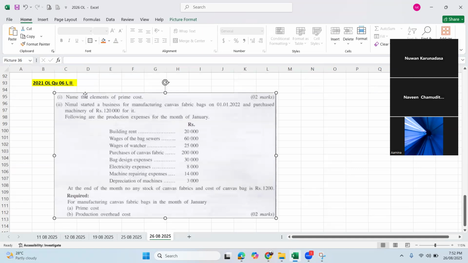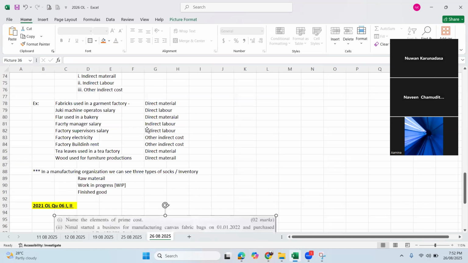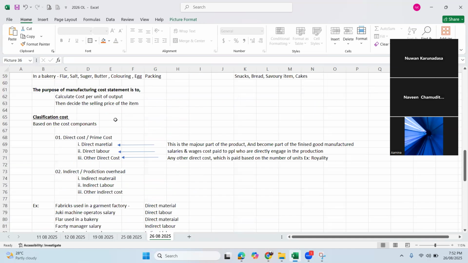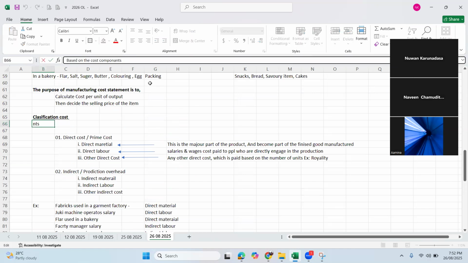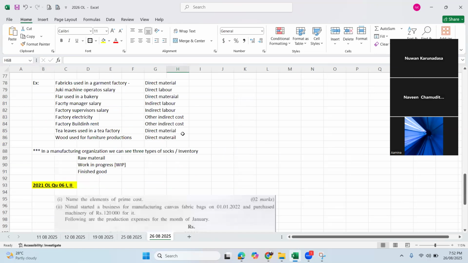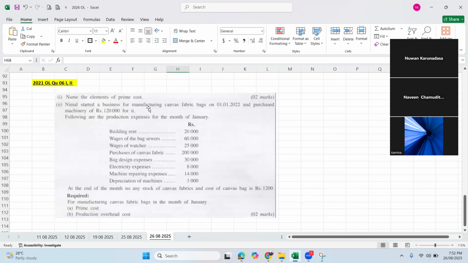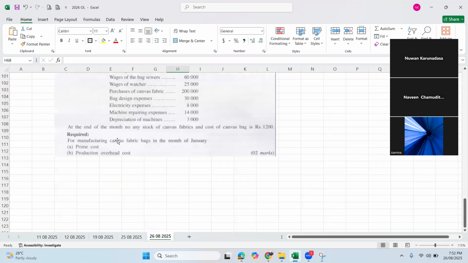Right. Name the elements of the prime cost. Now see, first question they have asked the elements of the prime cost. So here I said the cost can be classified based on the cost components or cost elements. Prime cost has three: direct material, direct labor, and other direct cost.